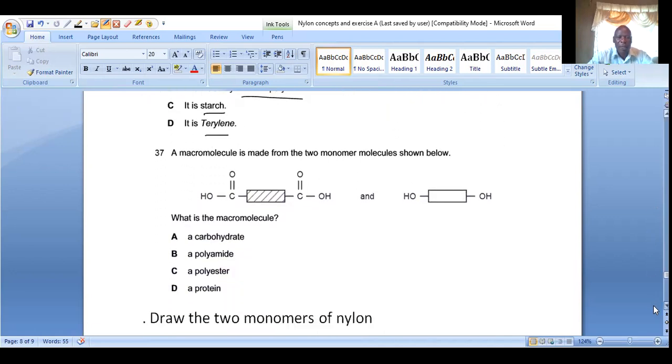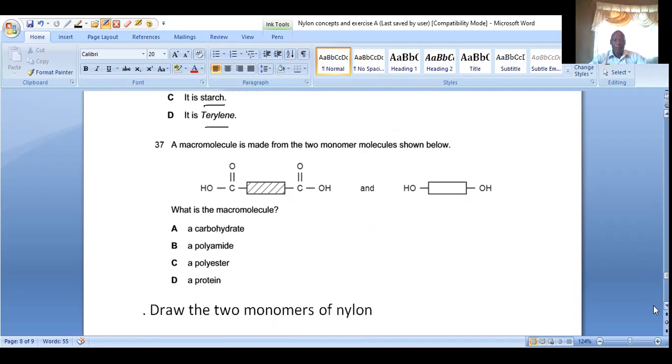Third question, a macromolecule is made from the monomer molecules shown below. So these are the monomer molecules. And so what is the macromolecule? You have to tell us whether it is a carbohydrate, a polyamide, a polyester, or a protein.